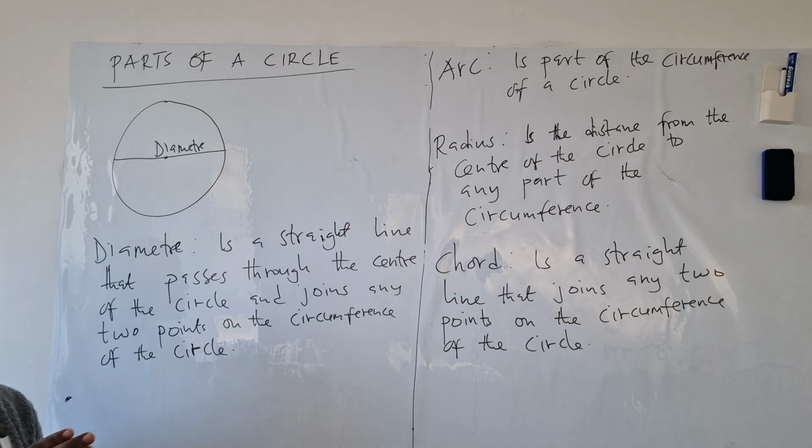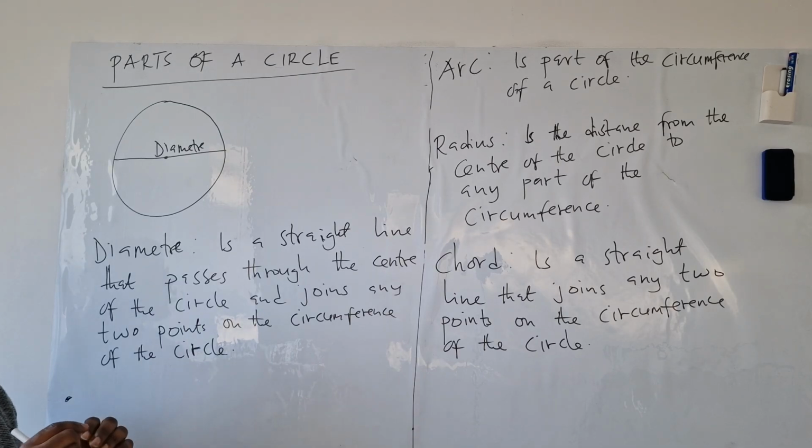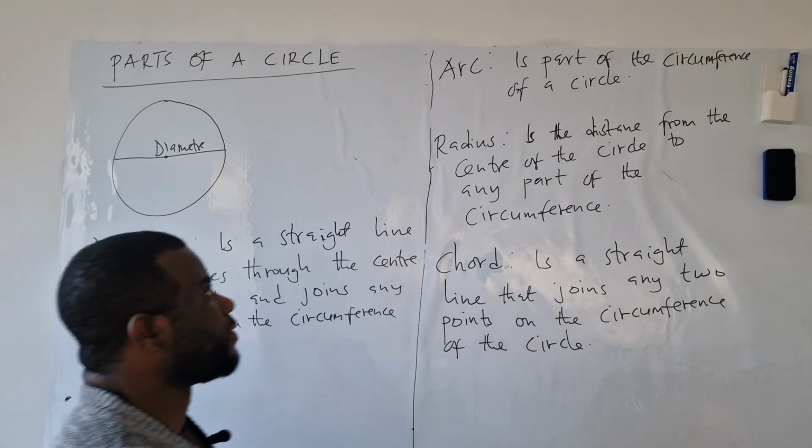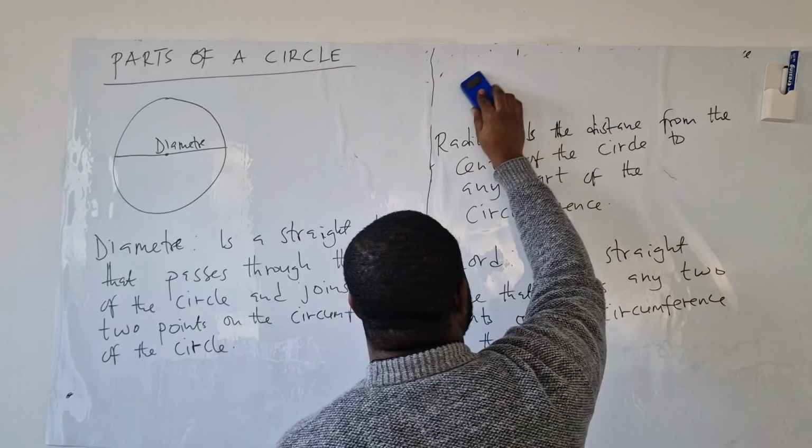Because that's the only chord that passes through the center of the circle, it is given a special name as diameter. Diameter. So diameter is a chord. So you can even define diameter as a chord that passes through the center of the circle. It can be another definition for diameter.